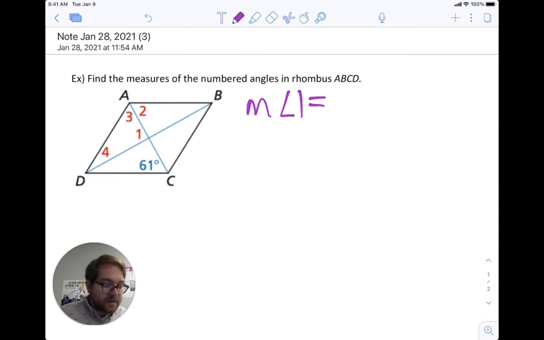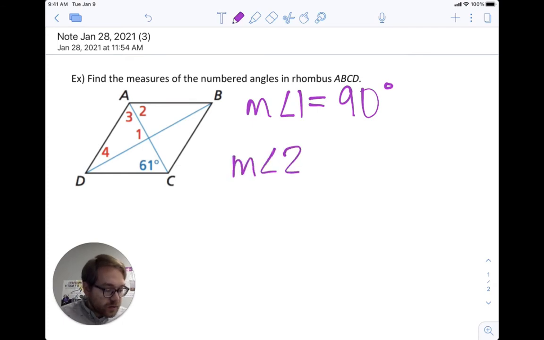And so that makes the measure of angle 1 90 degrees, because those diagonals are perpendicular to each other. In the notes, I write that out so you can see that, but here in the video we can talk through that. So the measure of angle 1 is equal to 90 degrees because these two diagonals are perpendicular to each other. That's what happens in a rhombus.